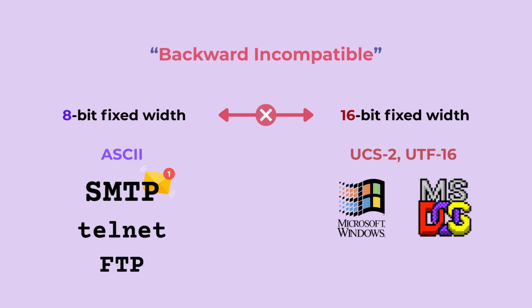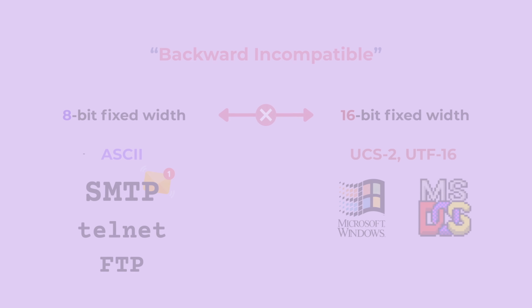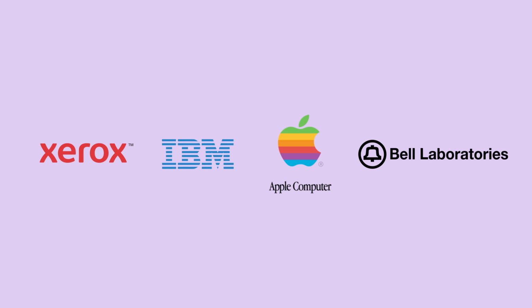At this point in history, email was already starting to gain wider adoption, and the Simple Mail Transfer Protocol, usually referred to by its acronym SMTP, specified that the body of emails had to be encoded using ASCII. So a number of organizations, including the International Standards Organization ISO, Apple, IBM, and Xerox, all had initiatives to develop a backward compatible expansion to ASCII.